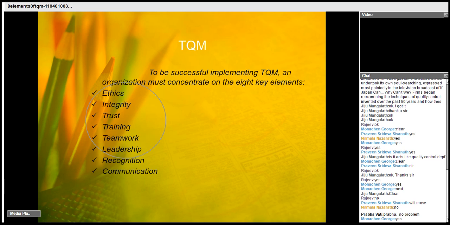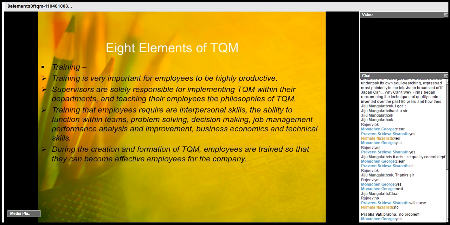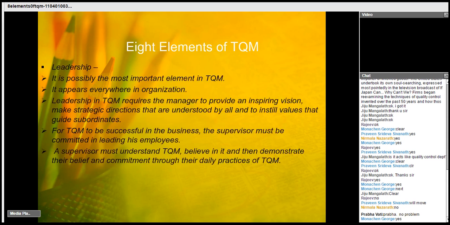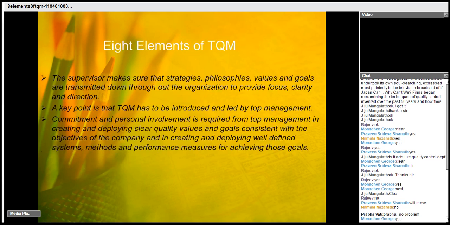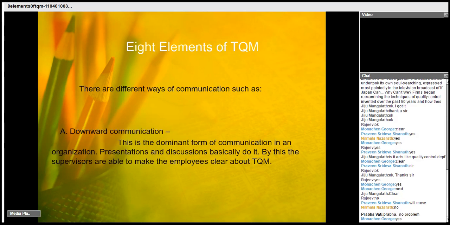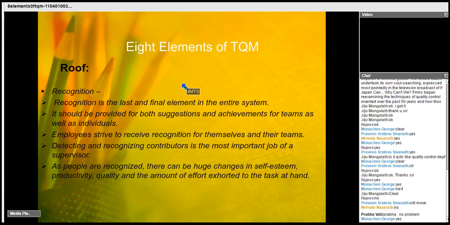So coming back to our slide, we are on the binding mortar slide. We have seen communication. So we are on the roof part. The roof is recognition.